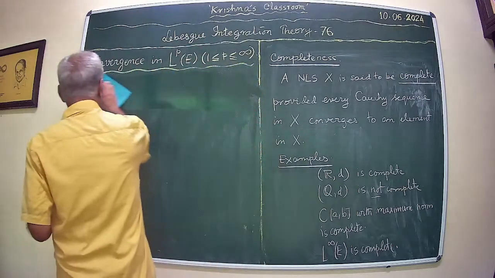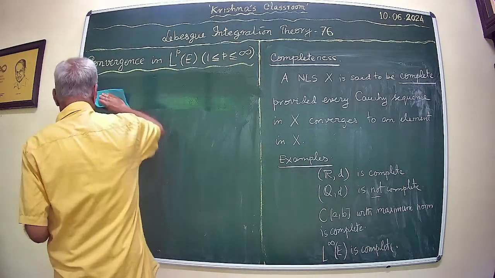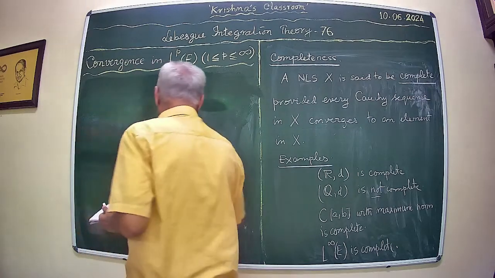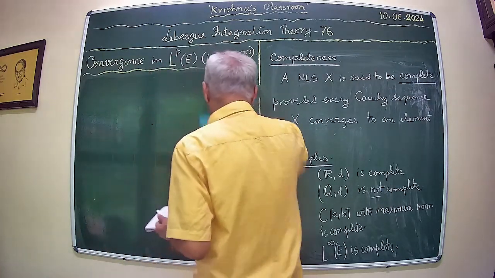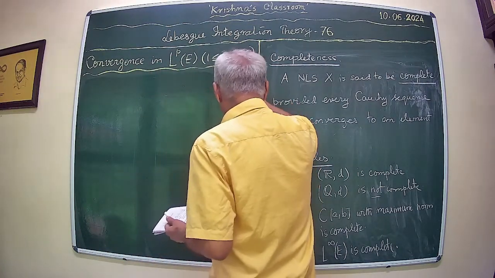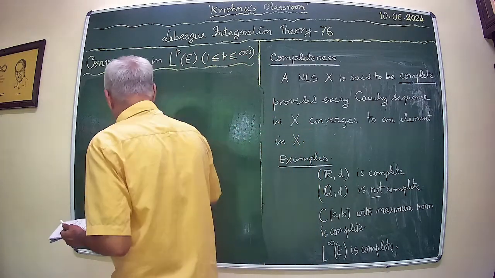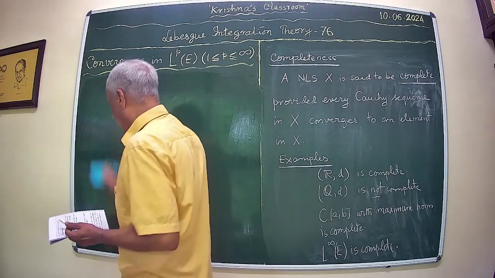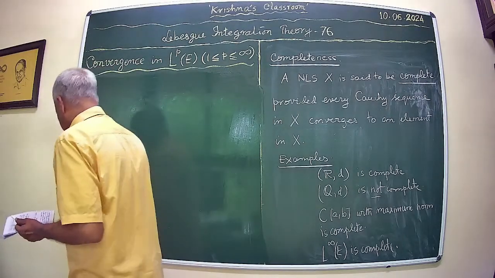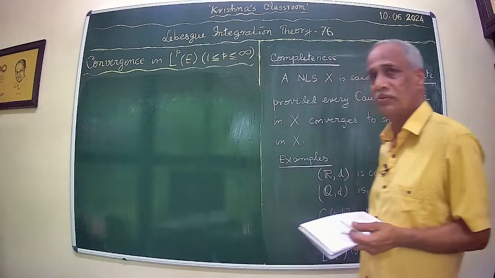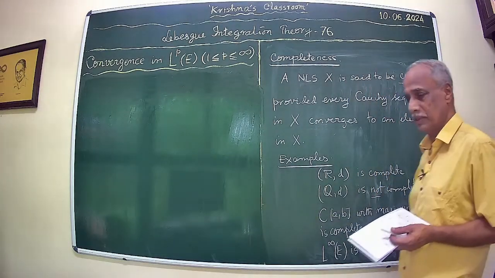So completeness is a property of the space, and it is something very useful. Once the space is complete, you are assured that all Cauchy sequences are convergent, and therefore you are more comfortable working in those spaces.